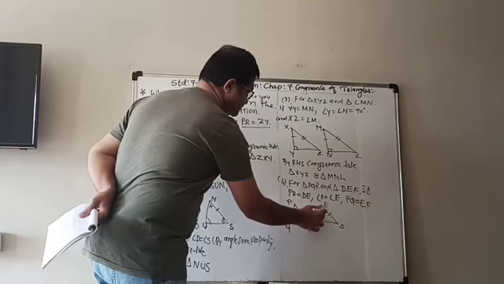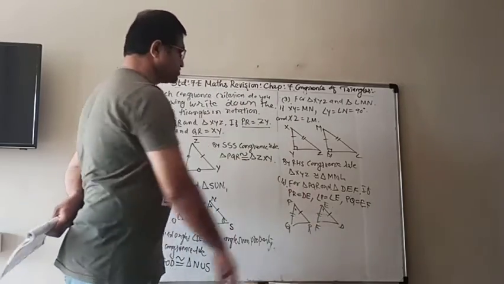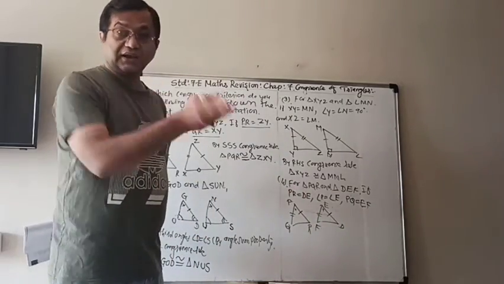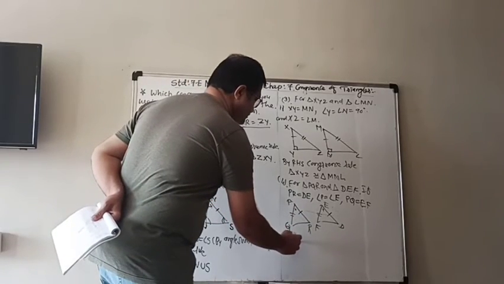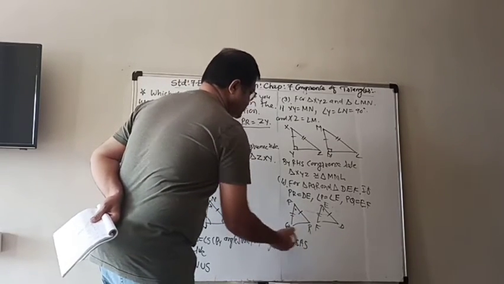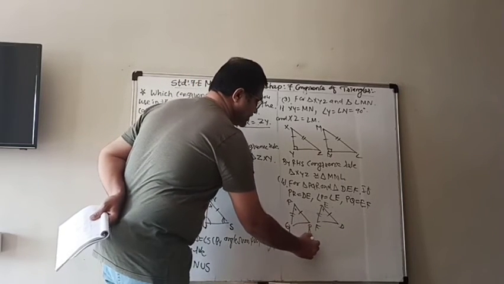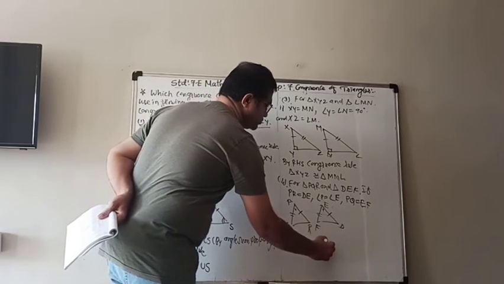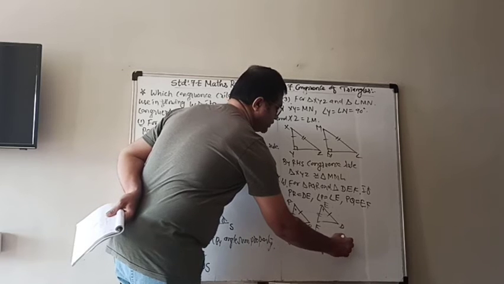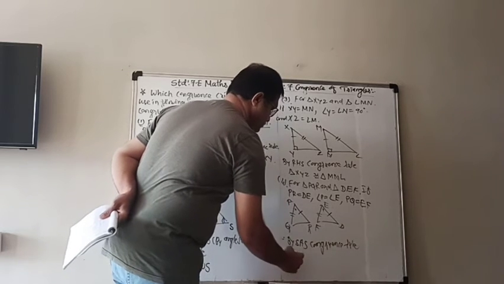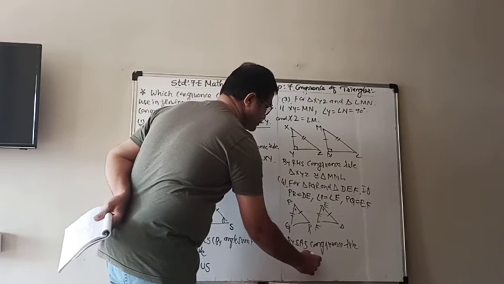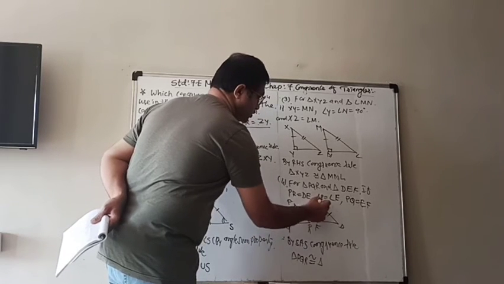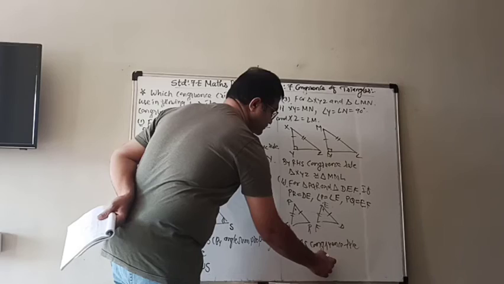So PQ. So we can see it is clear. Two sides and included angle. So by side angle side, SAS congruence rule, triangle PQR is congruent to triangle EFD.